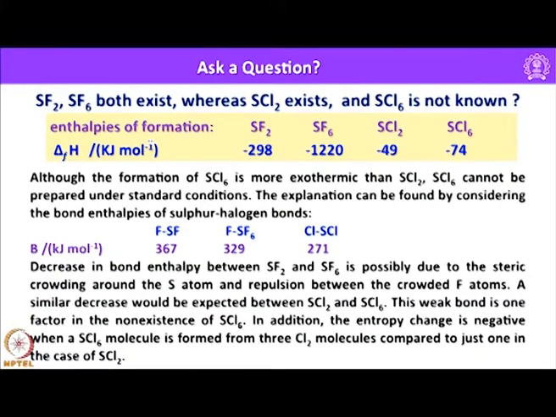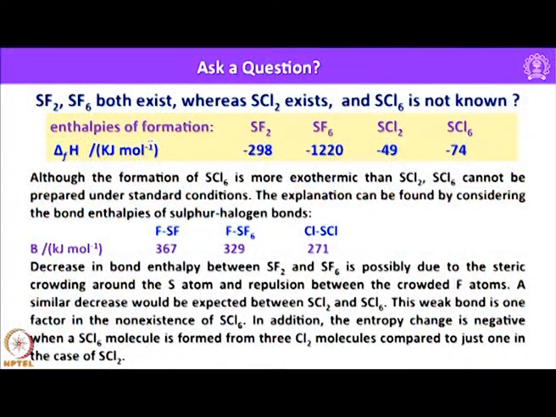In addition, one can also consider the entropy change. Entropy change in both the cases is negative. For example, one sulfur is interacting with 3 molecules of chlorine gas to generate one SCl6, that means the entropy is very negative, and so essentially the steric crowding and the entropy effect go against the formation of SCl6.